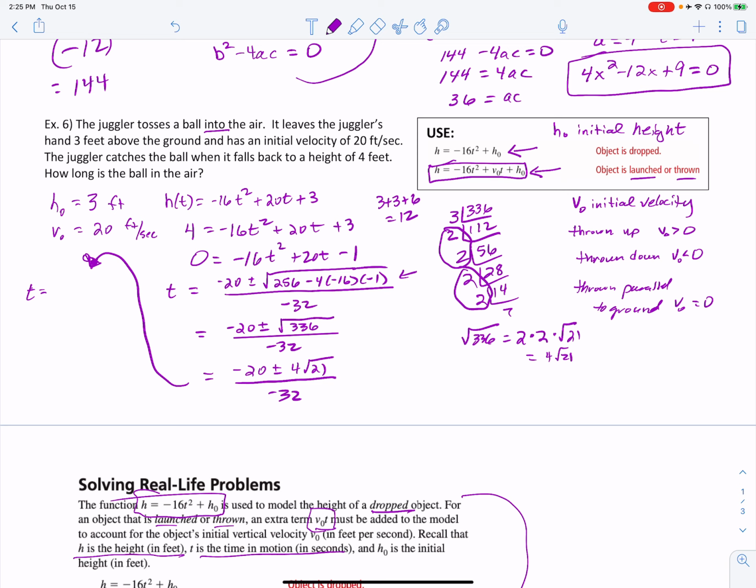And then when I get to the bottom, I'm going to start another column, and I'm showing with the arrow where I'm going. In the numerator, I can take out a 4. And now the 4 and the 32 reduce to a 1/8.